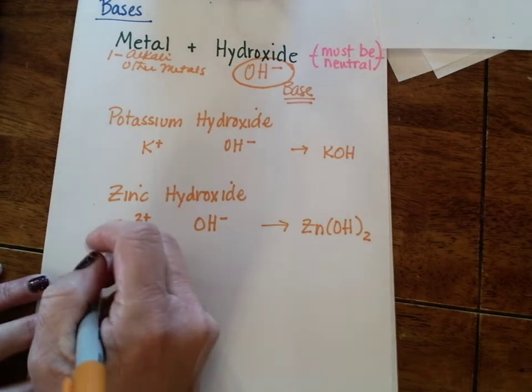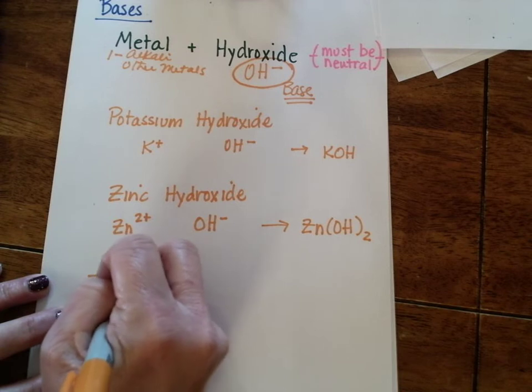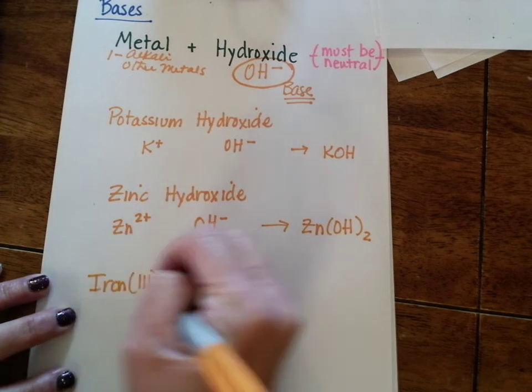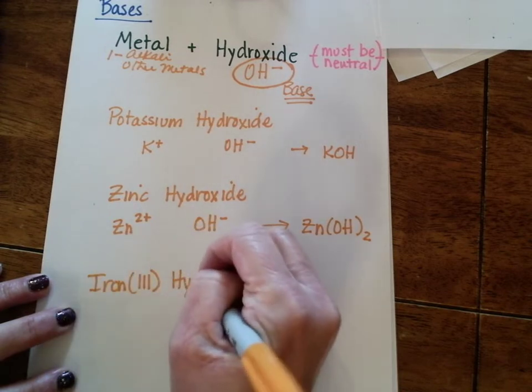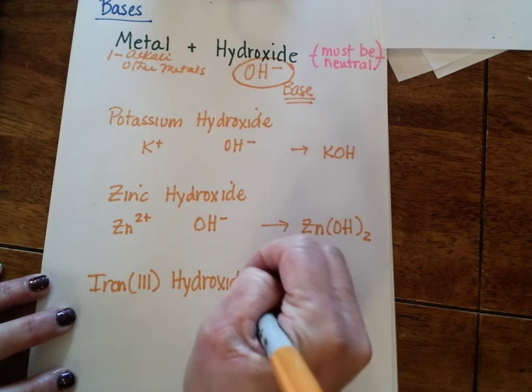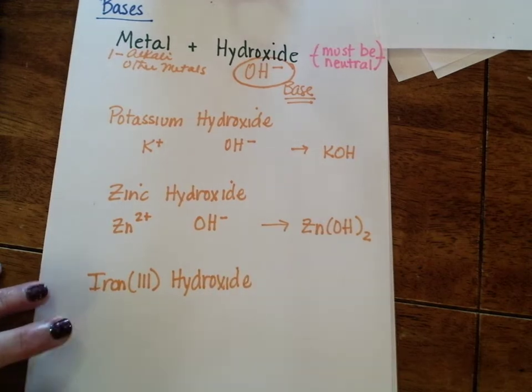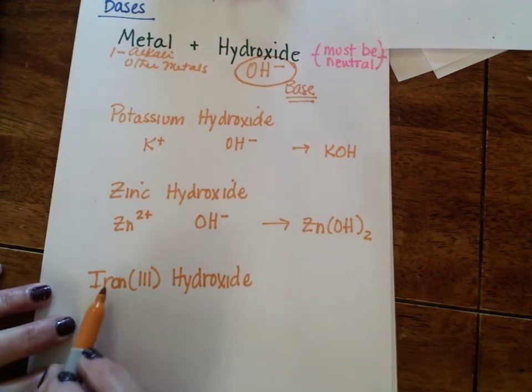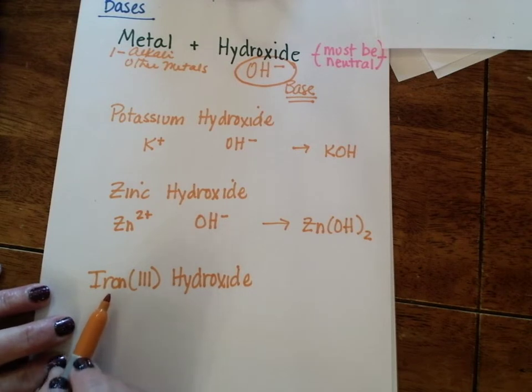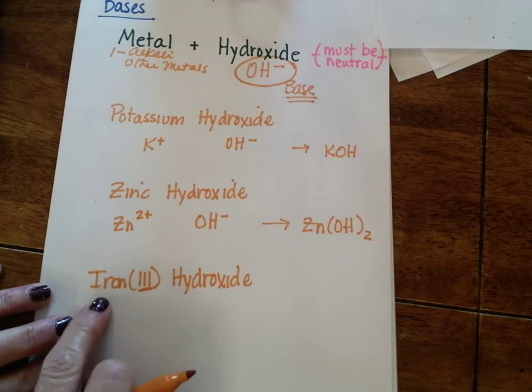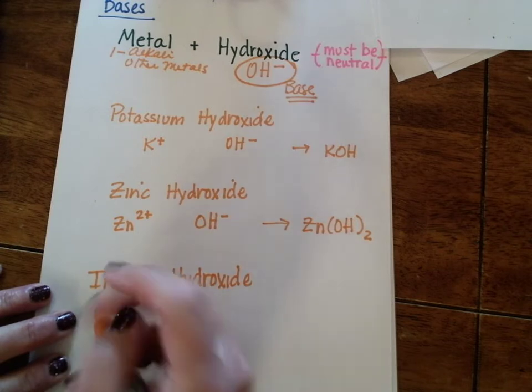Let's say maybe I give you iron 3 hydroxide. Again, you should go, oh, that's a base. It has hydroxide on it. This is one of the easy ones. I don't even have to go to my periodic table because it tells me in the stock system 3. I know it's a cation with a 3 plus charge.